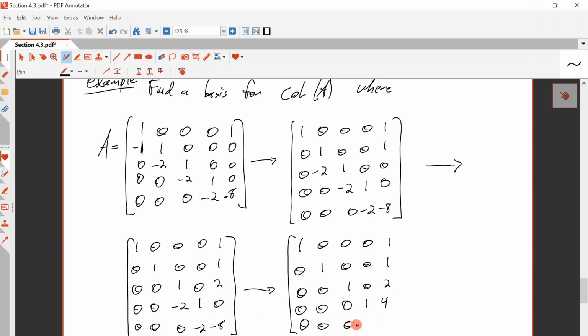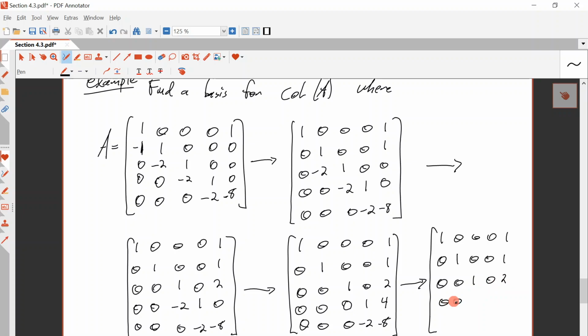Then 0, 0, 0, -2, -8. And then I'm going to add twice this row to that. And I'm going to get the following: 1, 0, 0, 0, 1; 0, 1, 0, 0, 1; 0, 0, 1, 0, 2; 0, 0, 0, 1, 4. And then a row of zeros. I added this twice to that.